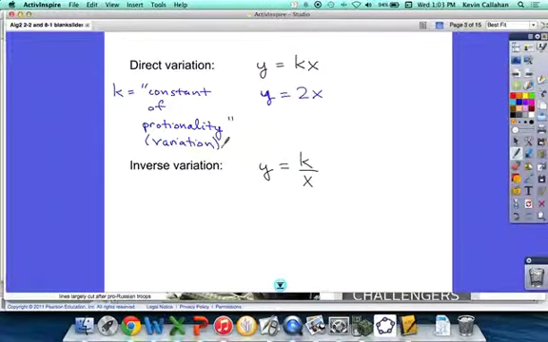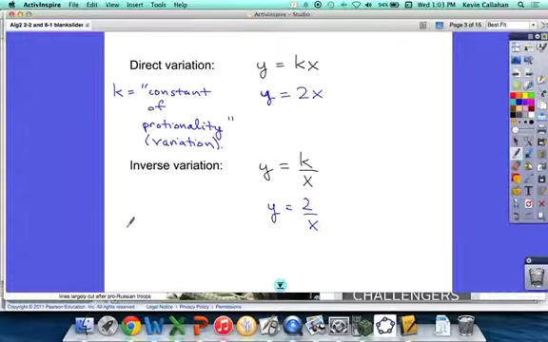So direct variation, y equals a constant times x. In an inverse variation, it would be y equals a constant divided by x. Again, just for an example, let's say that's y equals 2 divided by x.